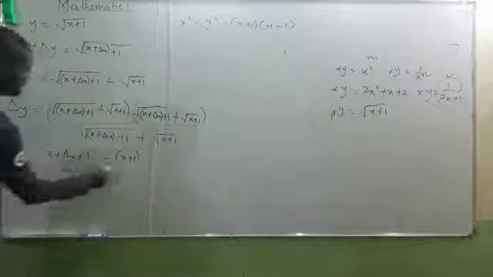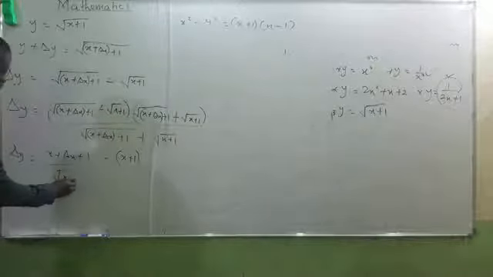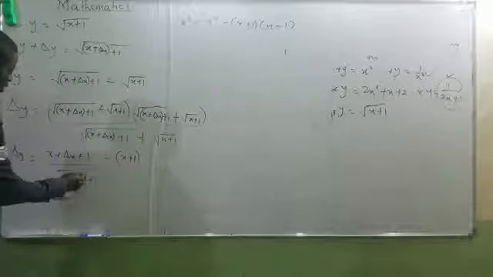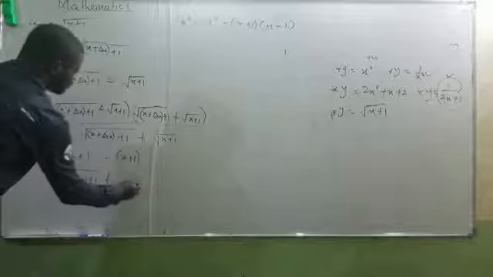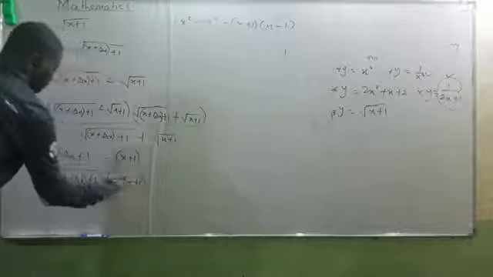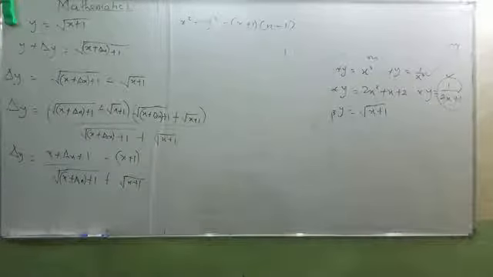This is divided by root of x plus delta x plus 1 plus root of x plus 1, which remains as it is. Hope I'm not making any mistake. The answer is no, I'm not making any mistake.